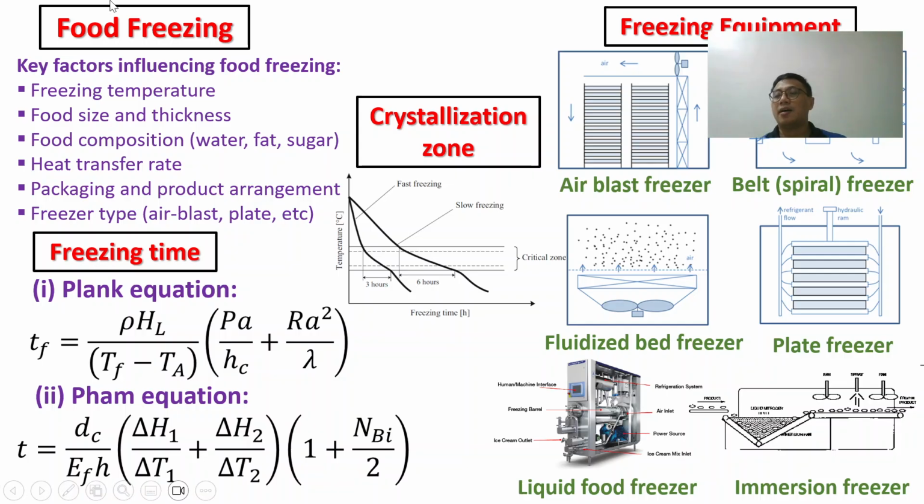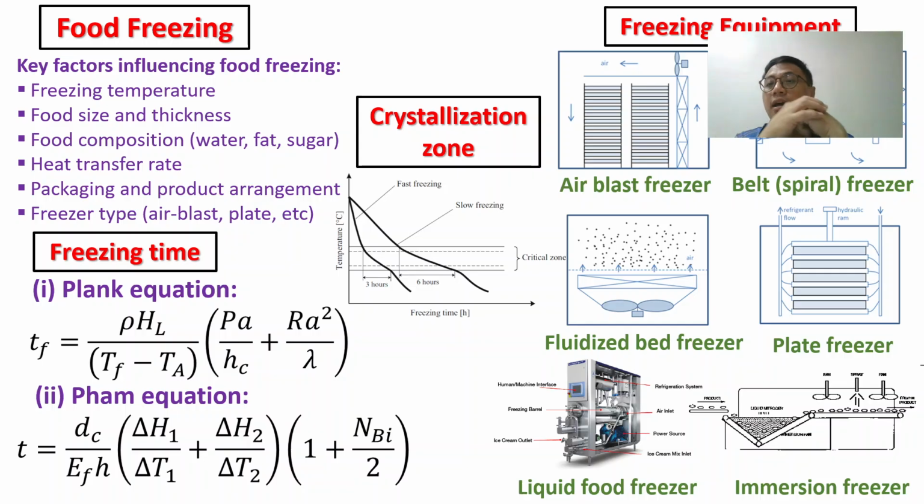The other type we call the plate freezer. You can see here, you have multiple plates, and the product is placed in between the plates. Inside the plates, the refrigerant is flowing through.